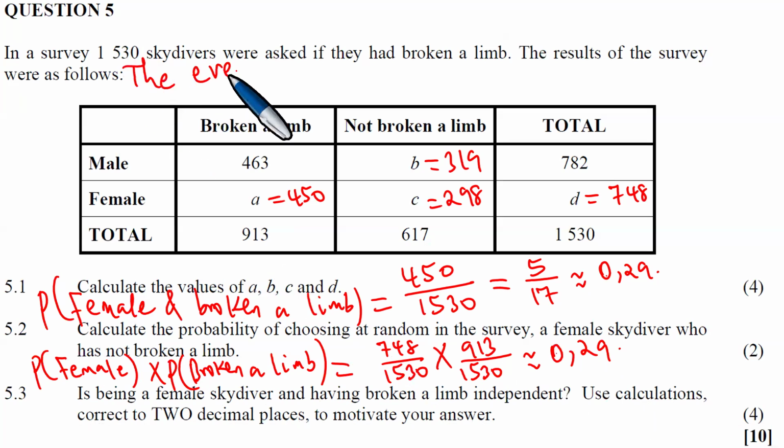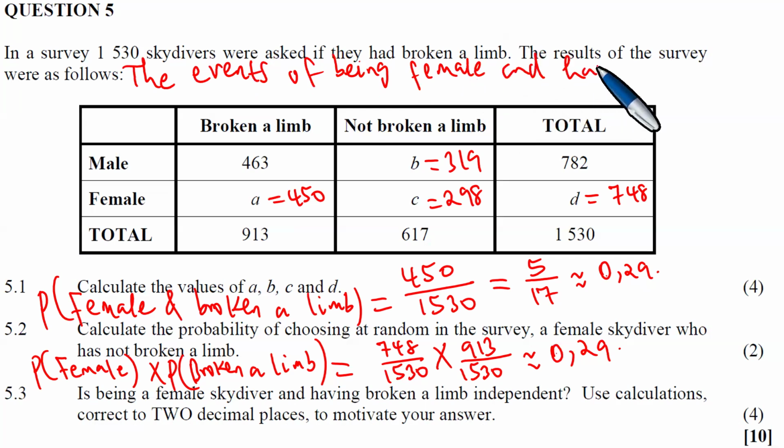They advance of female and having a broken limb are independent.